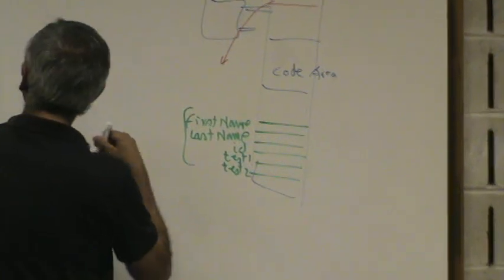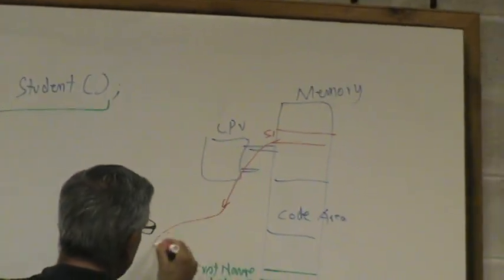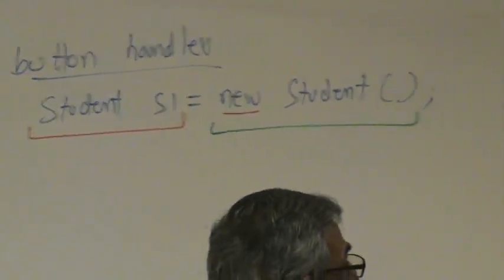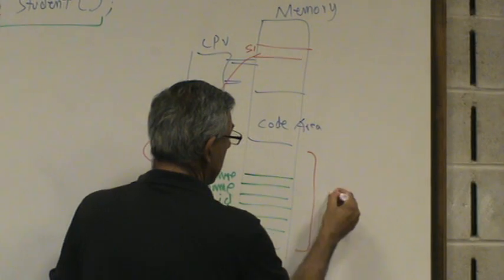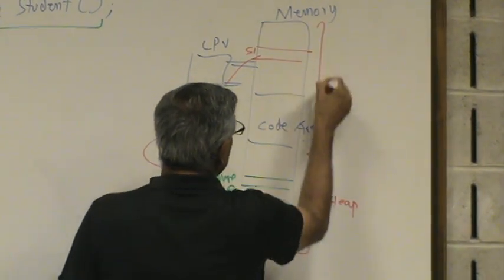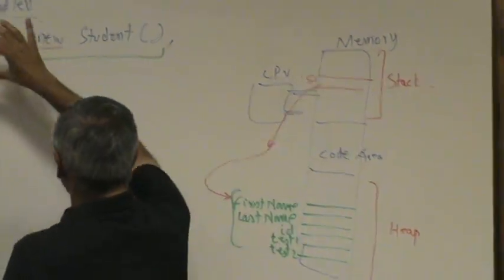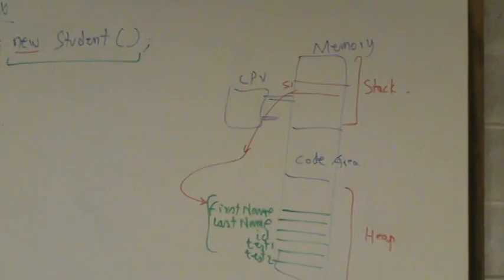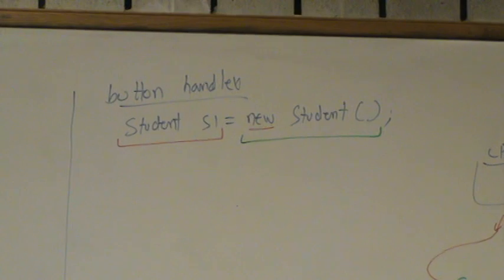Now we said student S1 equal to new student, so this S1 will point over here, okay? As soon as this line executes, this is what will be created in the computer. These will come from the heap area. This will come from the stack area. And the code for the class and the code for the button handler will be sitting over here in the code area, right?